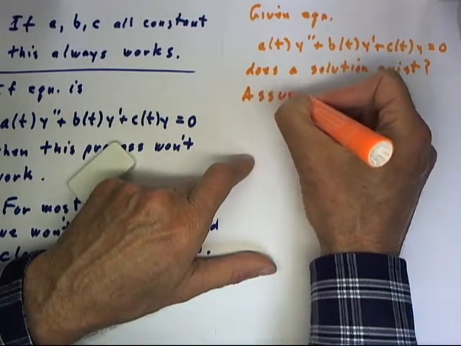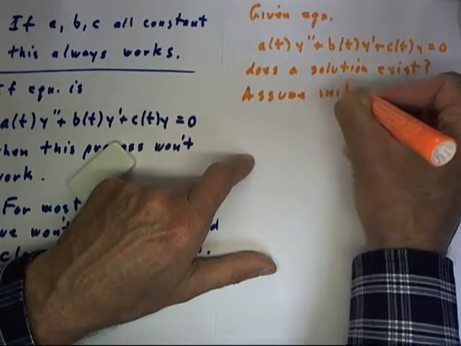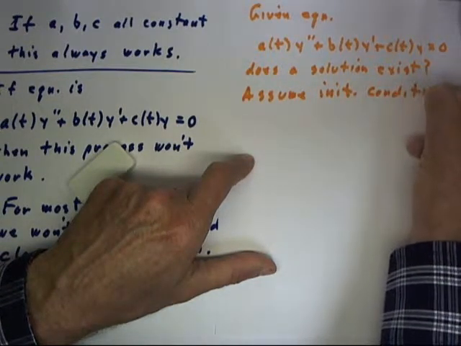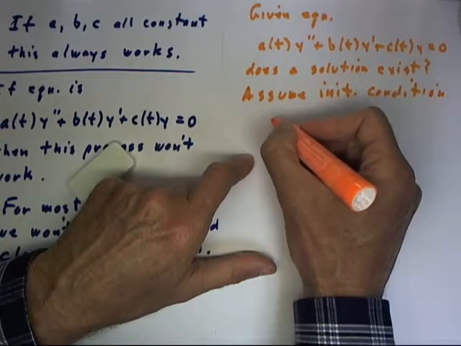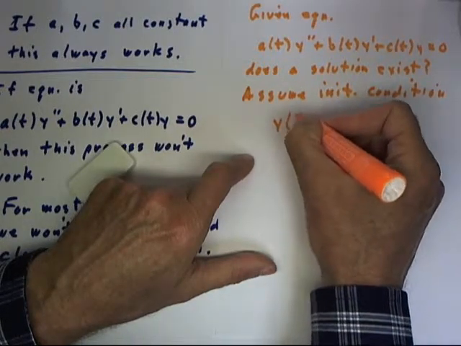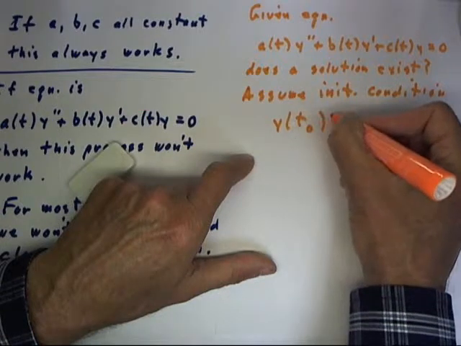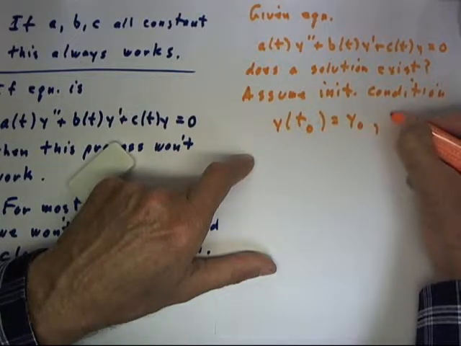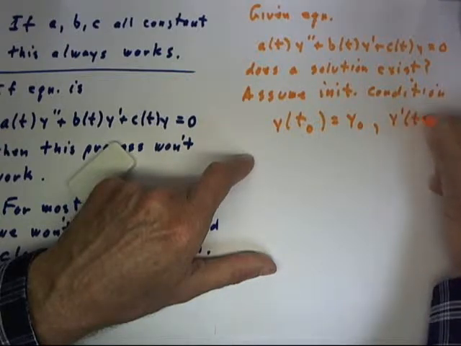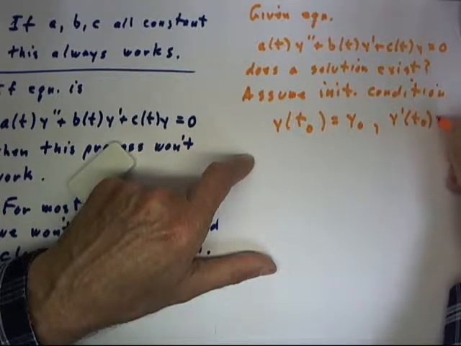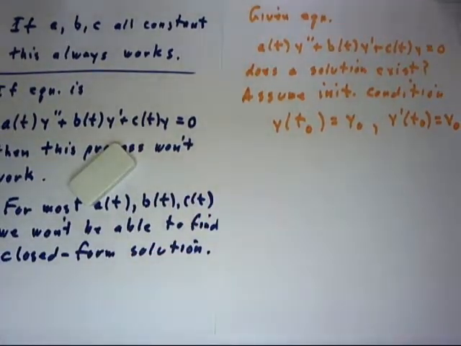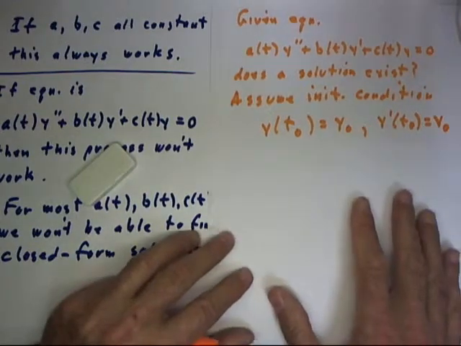So let's assume initial conditions y of t naught equals y naught and y prime of t naught equals, we'll just arbitrarily call this v naught, and that's chosen.